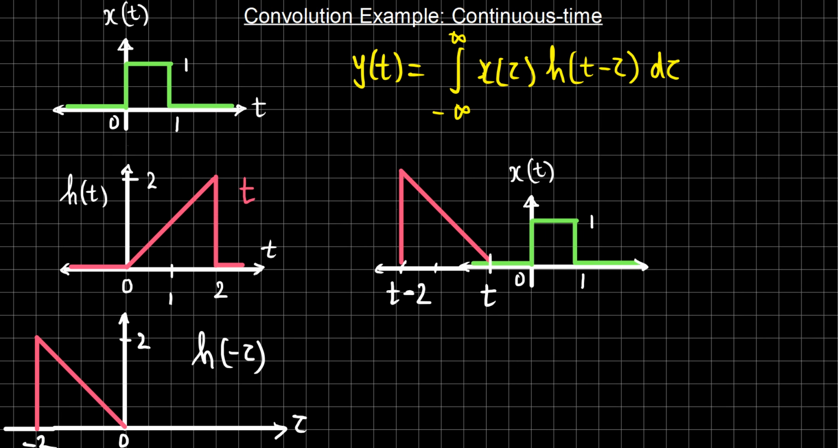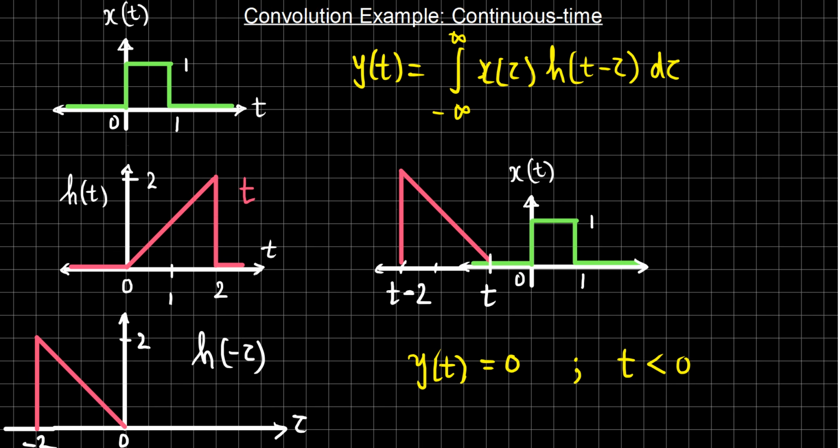In this case, what would be y of t? The y of t here is nothing but the overlap between the two signals, the green and the red, which is 0. Therefore this integration turns out to be completely 0. So this is going to be 0 for what range of t? All the range of t for which t is less than 0.